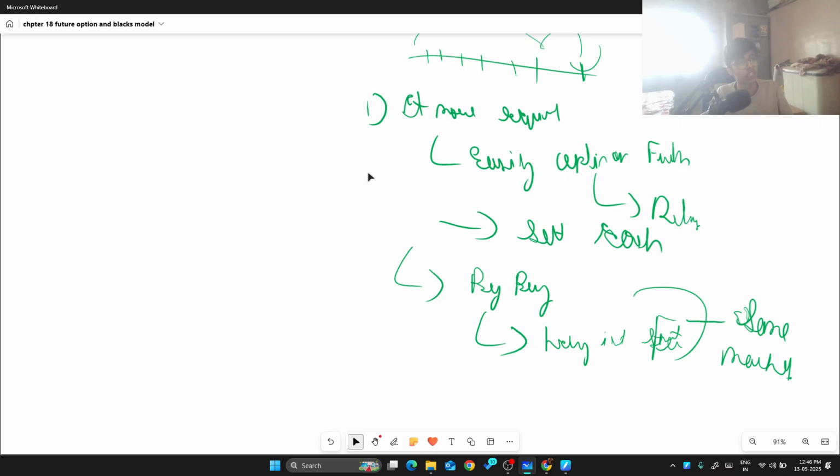And sometimes futures options are more heavily traded than the underlying asset. Let's say options on treasury bond futures are more heavily traded than treasury bonds. That's why it is more liquid, and that's why there are options on futures.